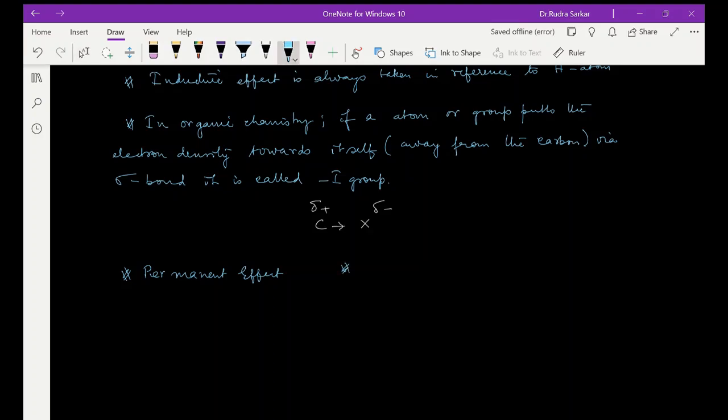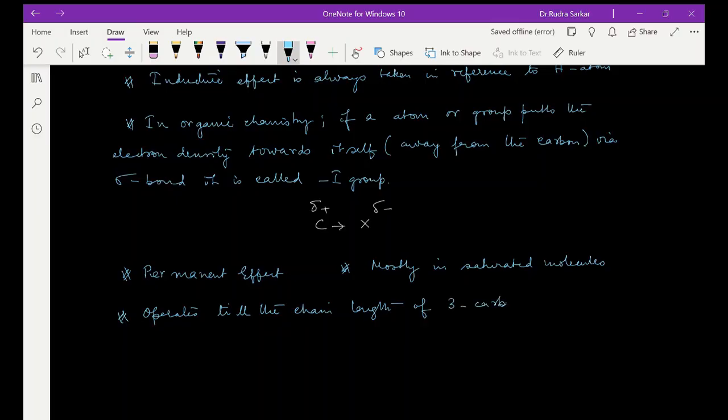It is mostly seen in saturated molecules. How long does it operate? It operates till the chain length of 3 carbon atoms.